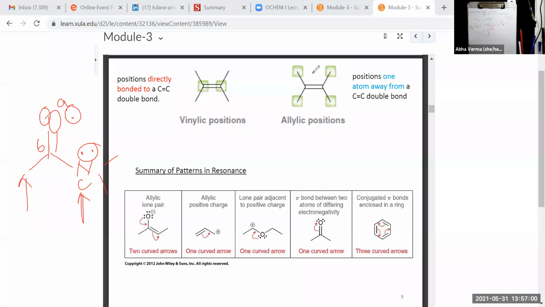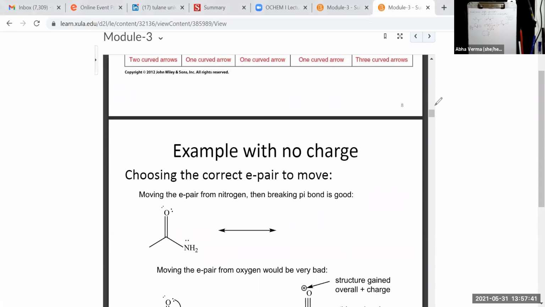But the empty orbitals, or the electron rich area, is the one that is going to do any resonance. When we look at allylic positive charges, or lone pair adjacent charges, or when we look at pi bonds or the conjugated pi bonds in an enclosed ring, these are the patterns that all of you must be able to recognize. Okay?